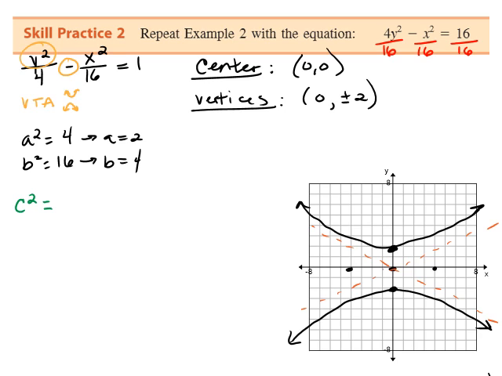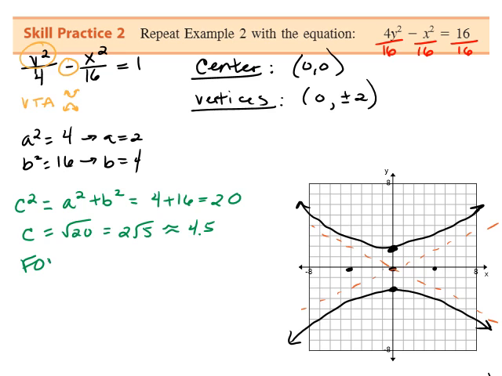The equation is a squared plus b squared in this case. So 4 plus 16, which is 20. So c is the square root of 20, which reduces to 2 root 5. And that's approximately 4.5. The foci are always in the middle of these hyperbola branches.